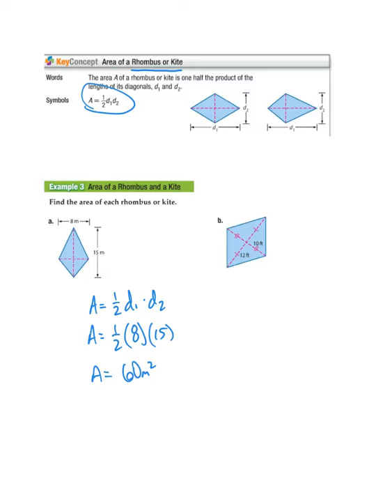On example B here, what they've given us is a rhombus, okay? They've made it a trickier problem, though. Recall back to when we learned about quadrilaterals. In a rhombus, the diagonals bisect each other.